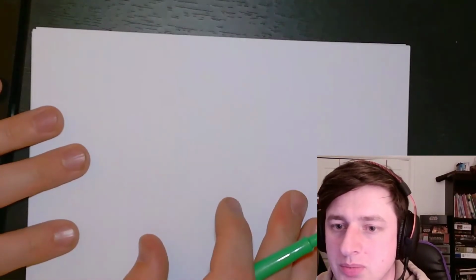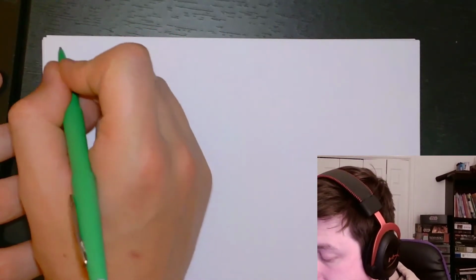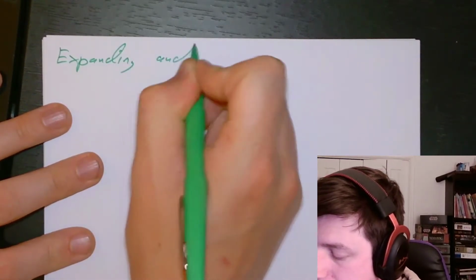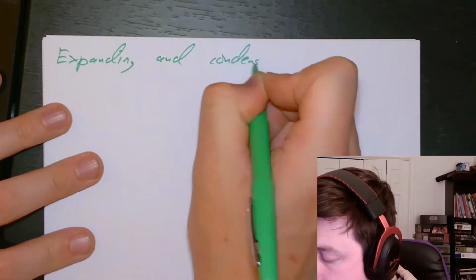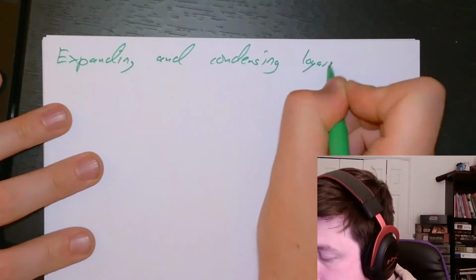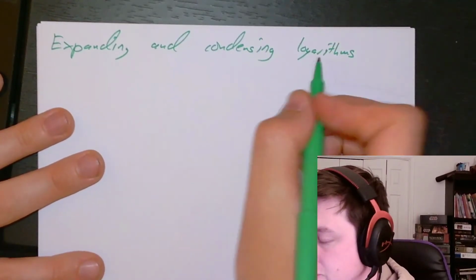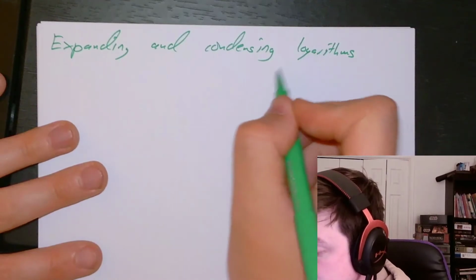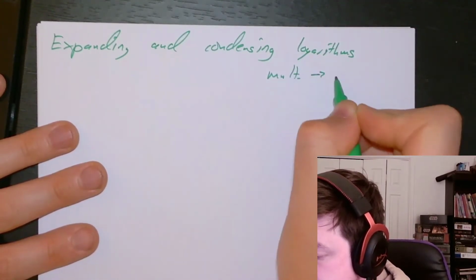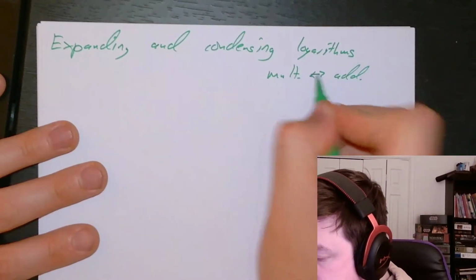The last thing I want to talk about is a reminder of what we talked about last week: expanding and condensing logarithms. This used the pattern that multiplication turns into addition of two logarithms, or addition turns into multiplication if we're condensing.